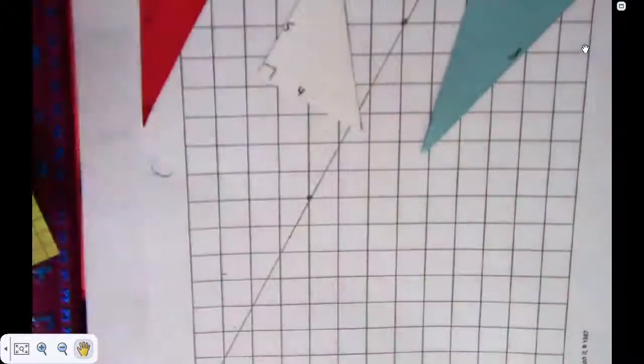Find the, who doesn't have triangles? Find which two all have the same slope. Find which two triangles out of the three have the same slope.